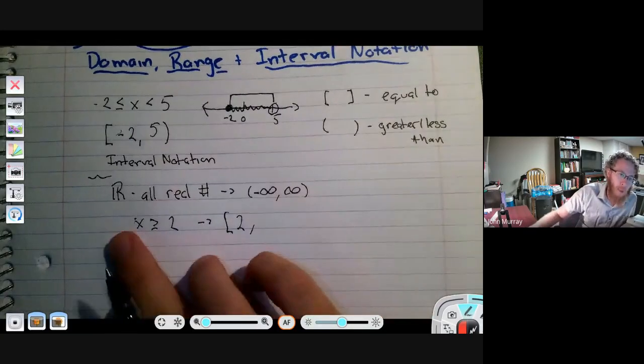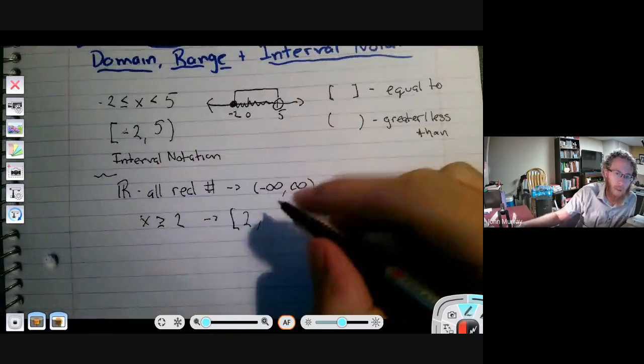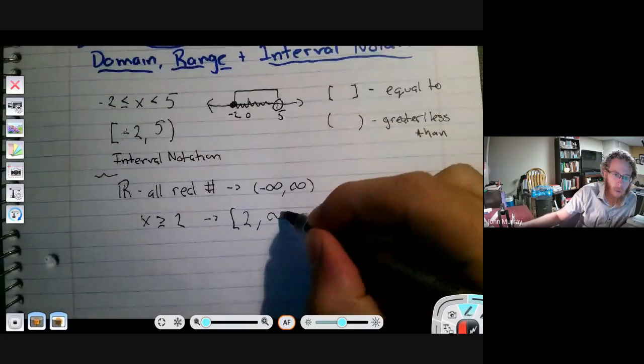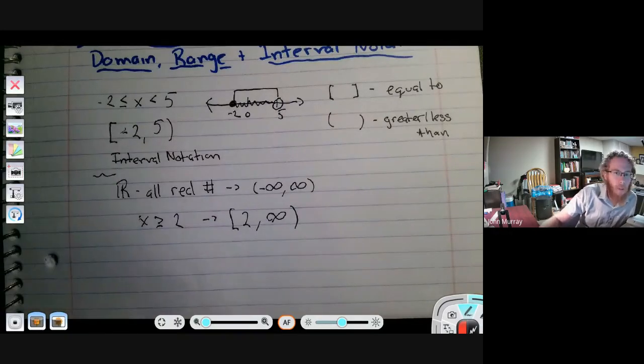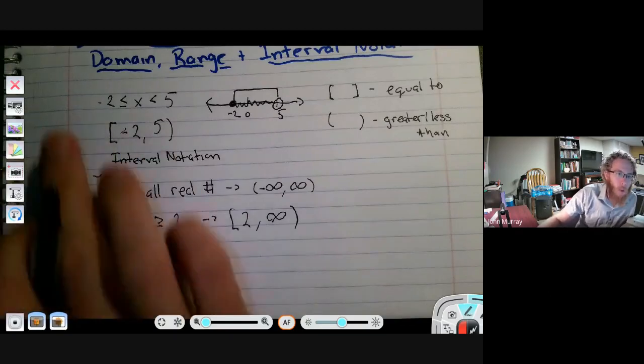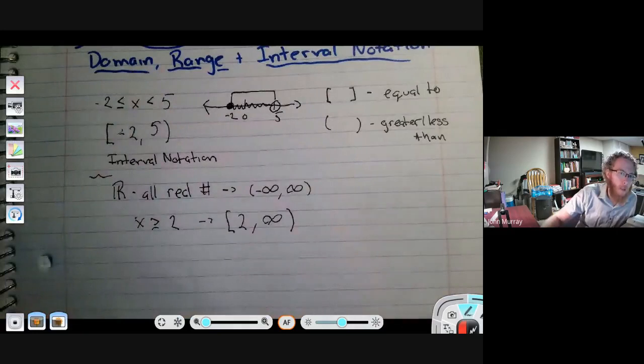I can pick 100, I could pick 1,000, I could pick 2 million, right? So what I'm going to do is put the infinity on that side, and put a parenthesis there, right? So we'll come back to this if we need to, but this is what we're going to be using the interval notation for when we're talking about our domain and range.